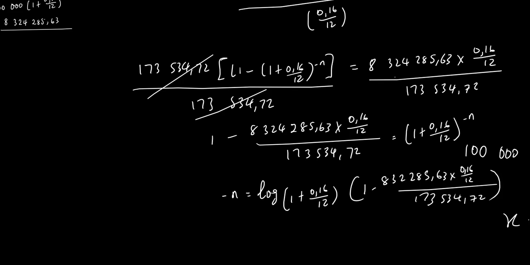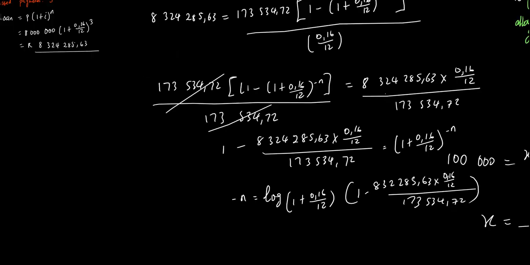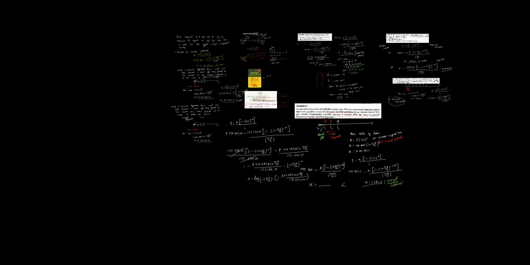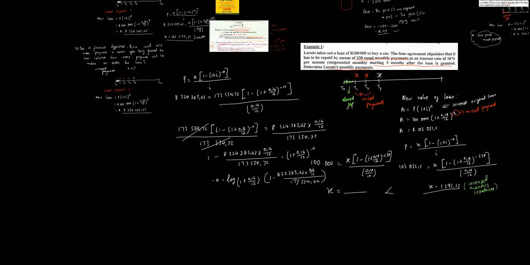If you do this, you will be able to get negative n, then you divide both sides by negative 1, and you get the number of payments. That number of payments is how long I will take to finish the loan. I hope that is clear.